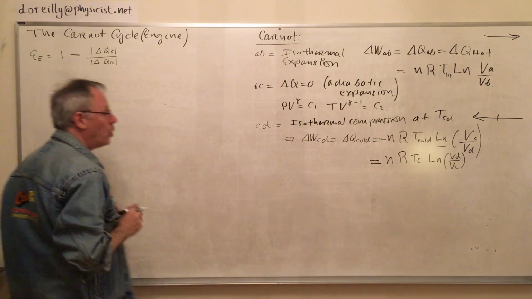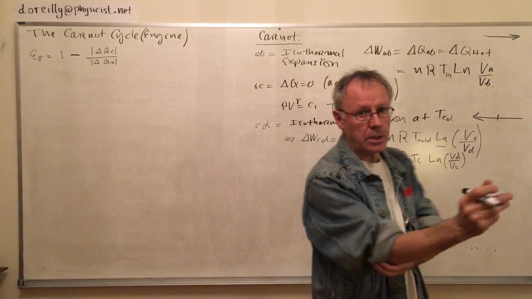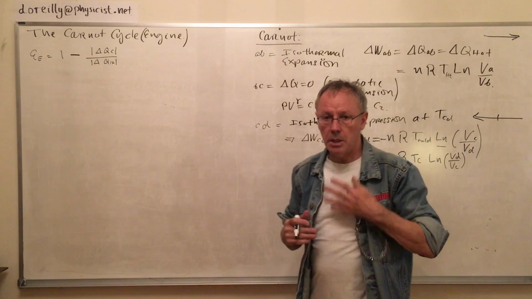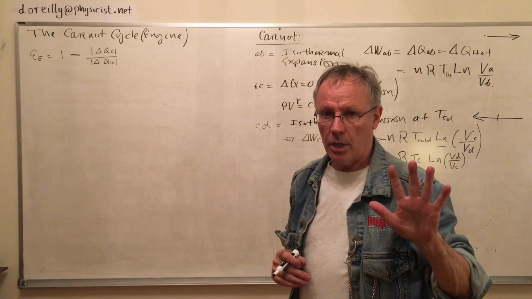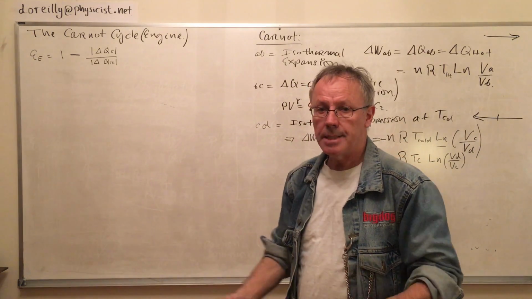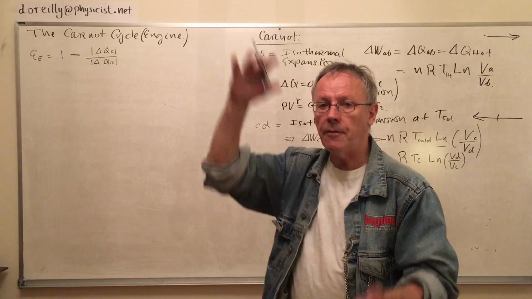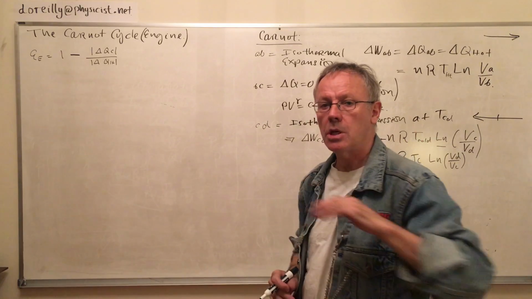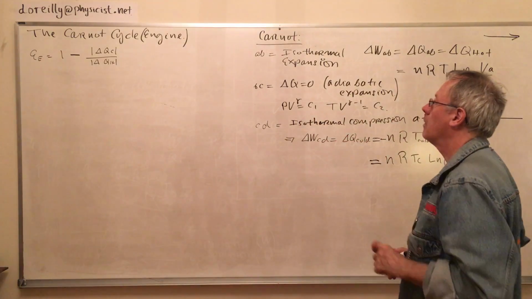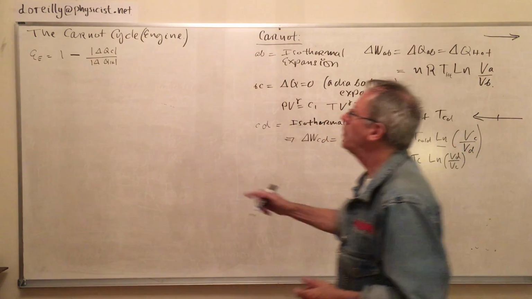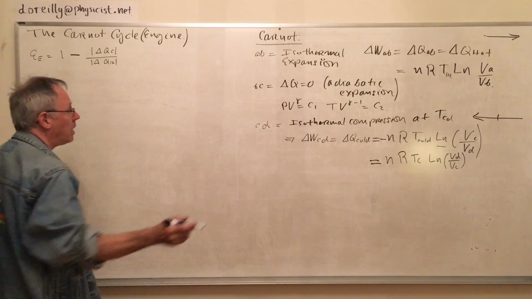It's always 1 minus delta Q cold over delta Q hot, where delta Q cold is the heat delivered to the cold reservoir, and delta Q hot is the heat extracted from the hot reservoir, and the delta W is the difference between the two of them that happens somewhere in between. We need to work out this quantity for the Carnot cycle.